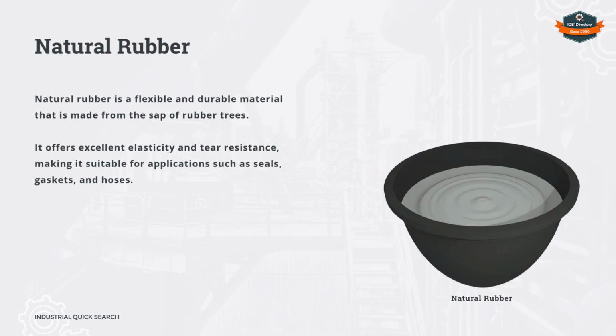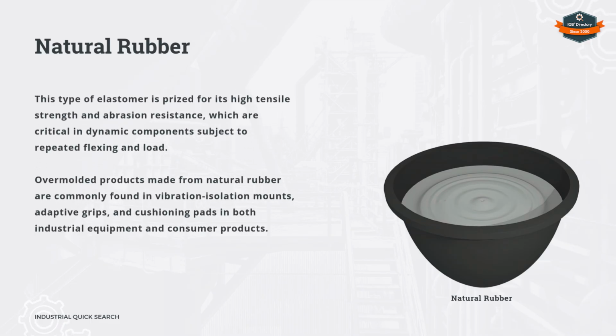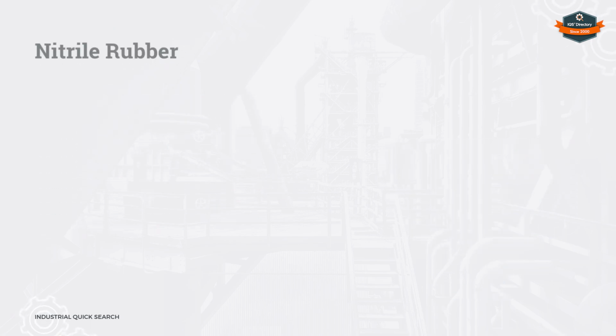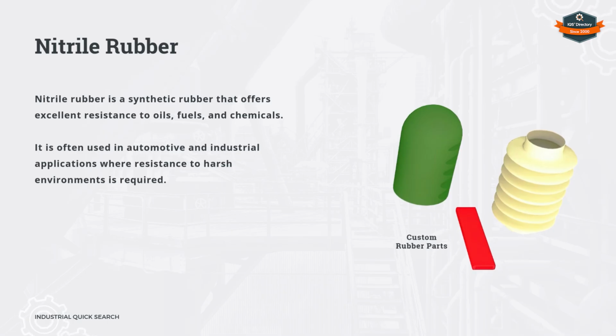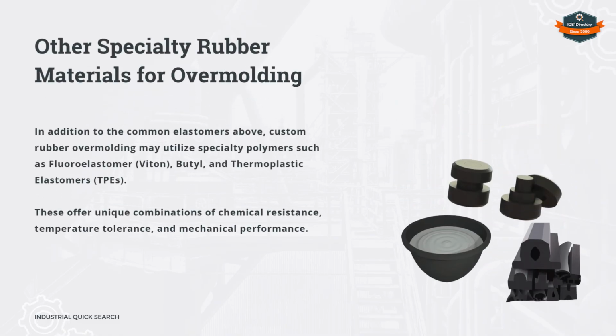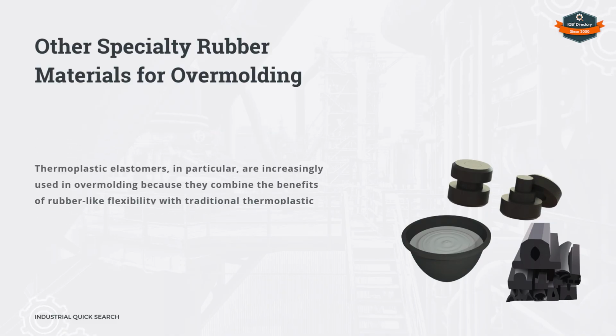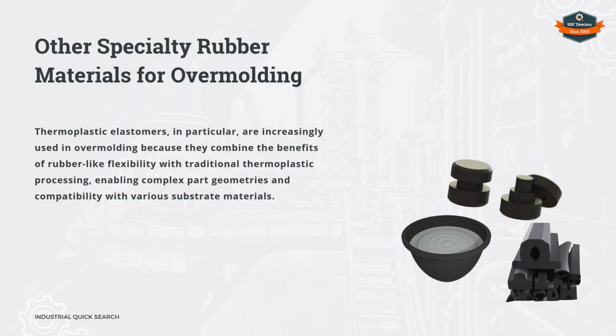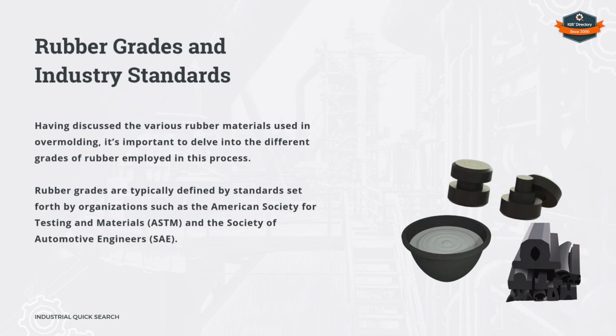Natural rubber. Nitrile rubber. Other specialty rubber materials for overmolding. Rubber grades and industry standards.